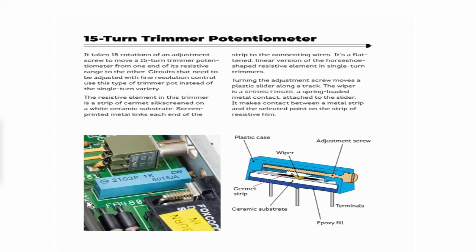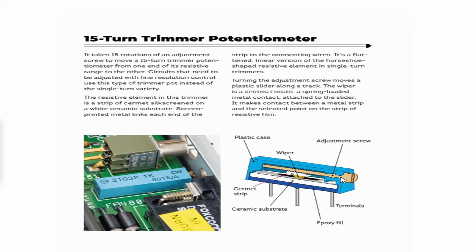Here you can see a real life image of a 15 turn trimmer potentiometer, and this is a cross section of it. Here you can see there is a ceramic substrate and an epoxy fill. These three are the terminals. This is an adjustment screw that you can turn to adjust the potentiometer.